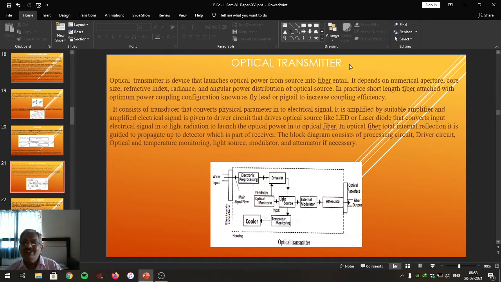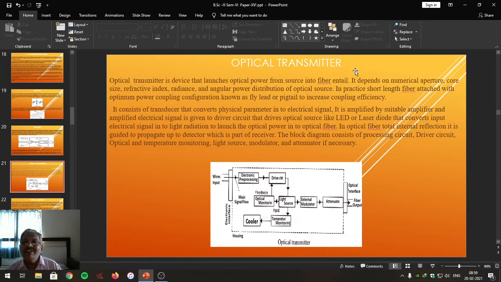We already studied the light sources used in the optical transmitter, that is an LED or a laser diode as a light source. We are now going to study how the LED is used to transmit the light radiation in the transmitter so as to launch the maximum optical power into the optical fiber.